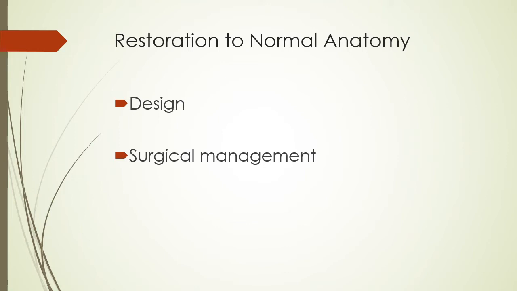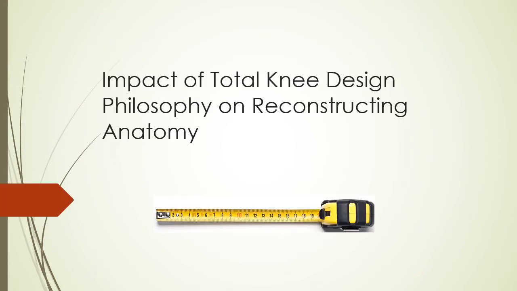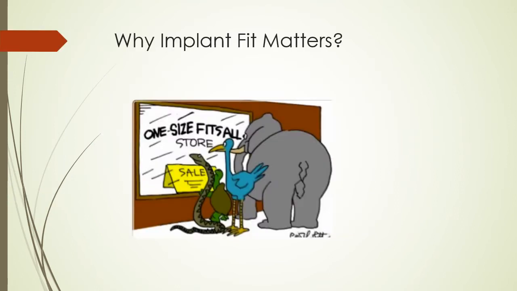How do we perform the surgery? We are going to use total knee design as an example of how design philosophy can affect the reconstruction of the joint anatomy. So the first question we're asking: why does implant fit matter?